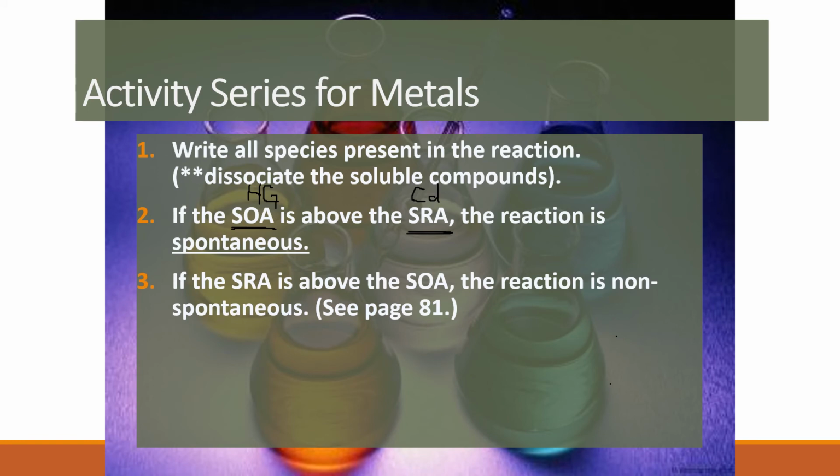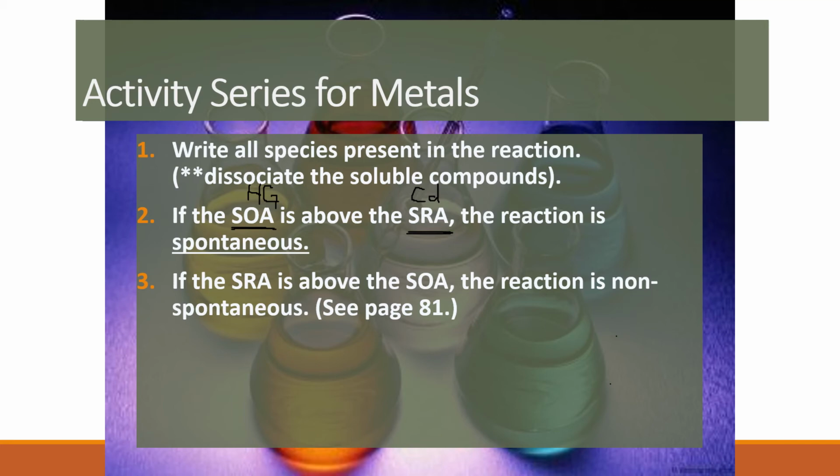If the opposite is true, if the cadmium was higher on that list and the Hg was lower on the list, then the reaction would not happen, and we call this non-spontaneous. And this will become important later when we're talking about batteries.